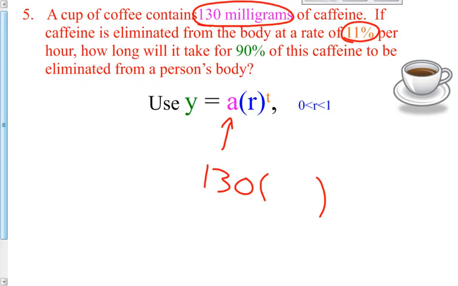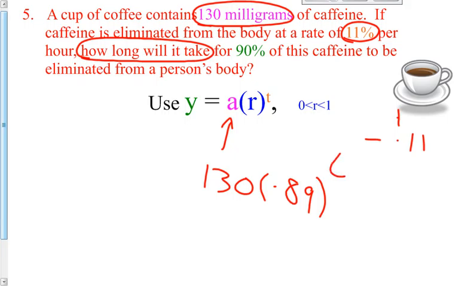So for 11%, we would say 1 minus 0.11, which is 0.89. So the rate of increase is 0.89. It says how long will it take? So that's saying what is t? We want to find that variable t for 90% of this caffeine to be eliminated from the body.